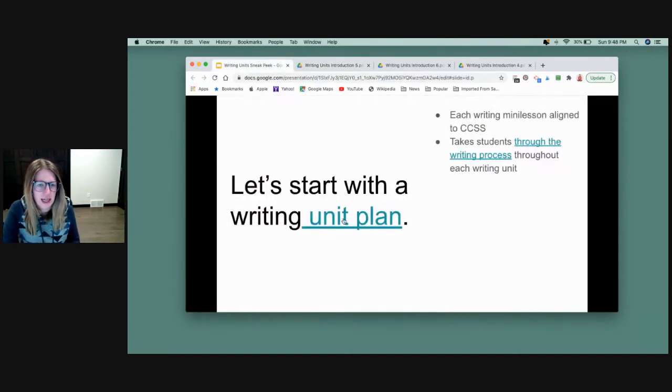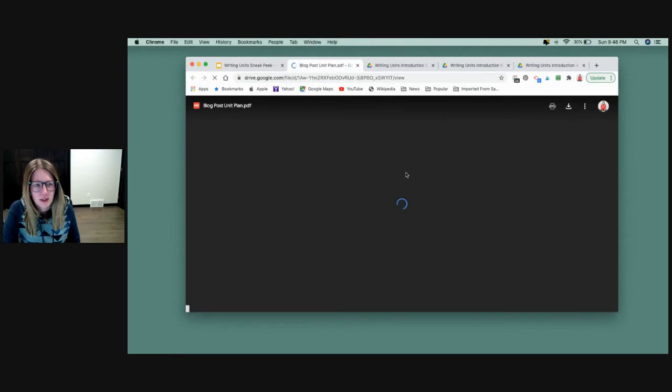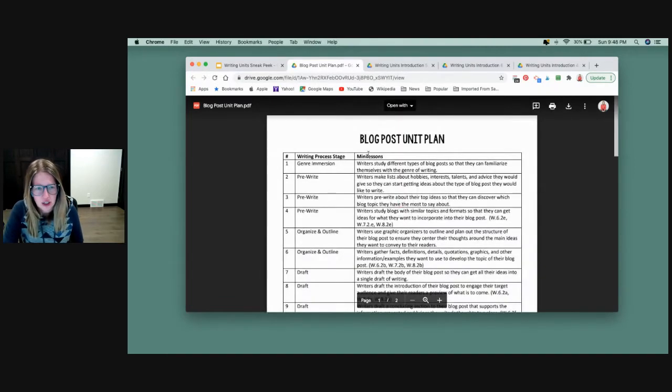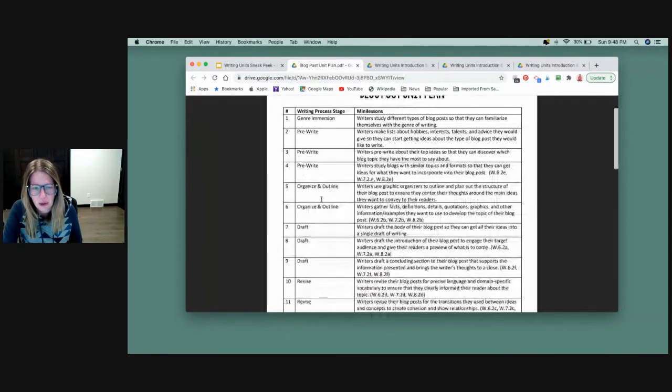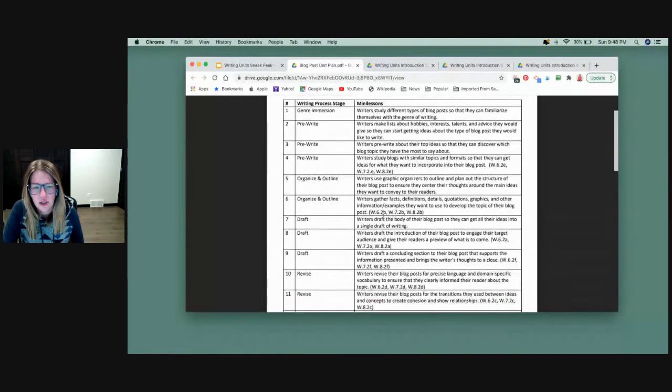But if we take a look at a unit plan, this unit plan happens to be for the blog post writing unit. So you can kind of see in action how we start with that genre immersion. We do some pre-writing so students can get ideas of maybe what they would want to write a blog post about. They get into that organizing and outlining phase, and they are using the graphic organizer to outline and plan the structure of their blog post. They're gathering the information that they're going to need as far as facts, definitions, details, and then they go into drafting, and they take a couple of days to draft.